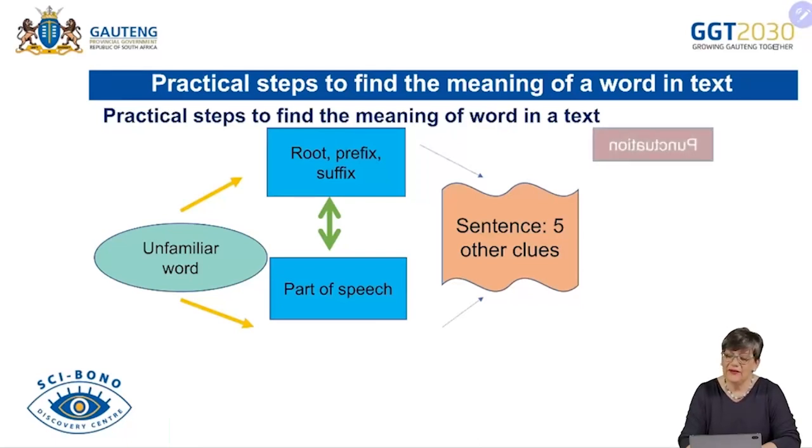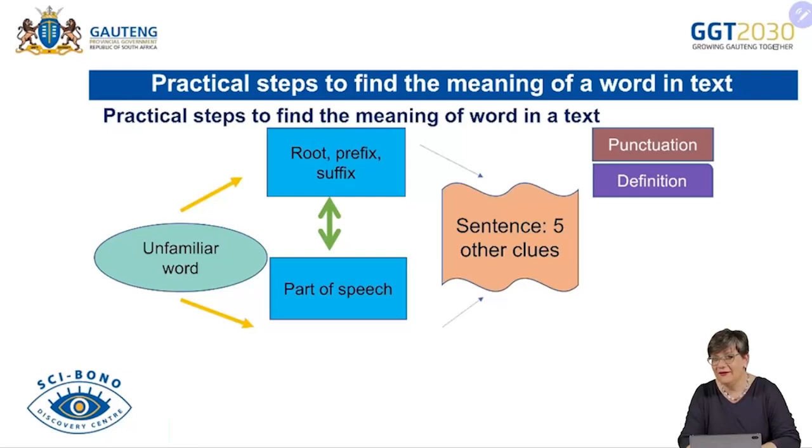Now, this is what you have to look for. Punctuation. There might be commas or brackets that actually explain the word. Look out for those. You might find in your sentence there's actually a definition. Maybe not in the sentence where the word appears, but in the next sentence. So remember to read all around the word.